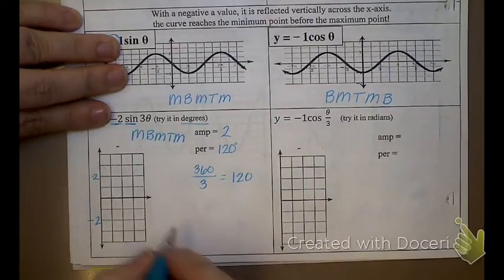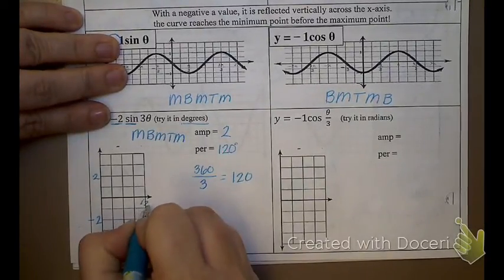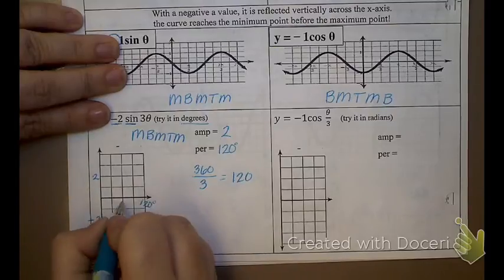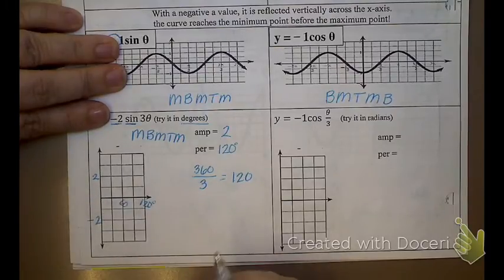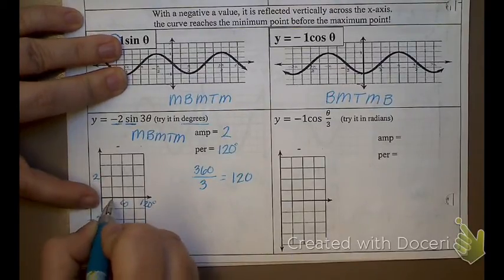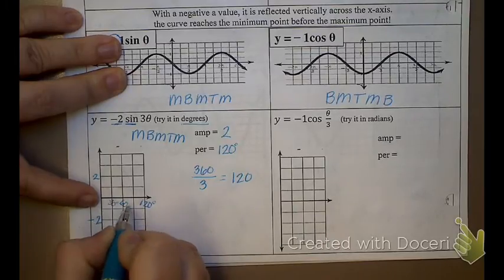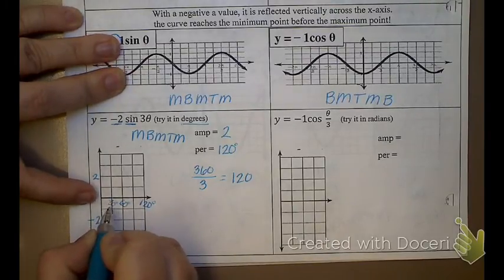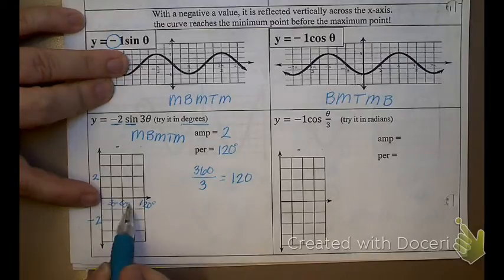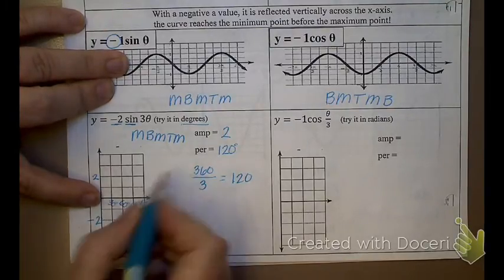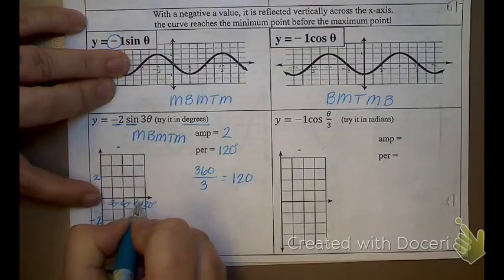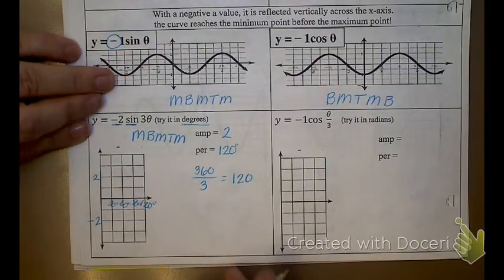So if I mark this one, 120, half of 120 would be 60, that gets me my middle marker, and then half of 60 would be 30. Once I find that first one, that's the one that actually tells me what they're counting by. So that'll help me find the third one. So I'm going 30, 60, next one would be 90, and then 120. So those are my markings right there.